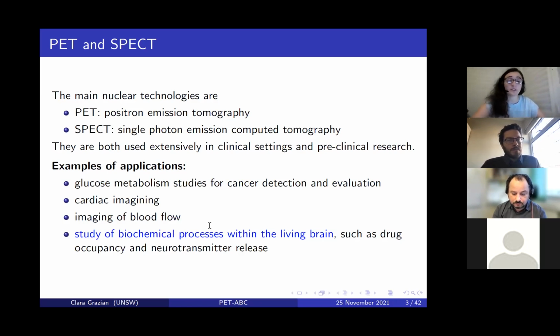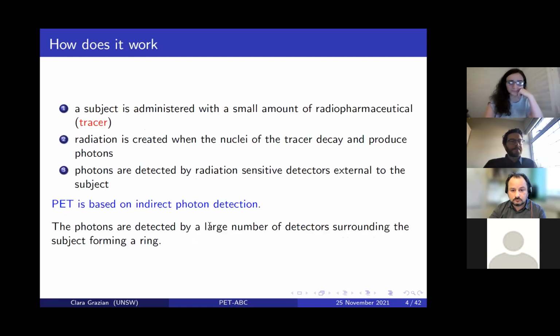They have been applied a lot in cancer detection and evaluation. They are applied in cardiac imaging or images for blood flow. And they represent one of the main types of analysis of the processes of the living brain, such as reaction to a drug or some type of physiological function.